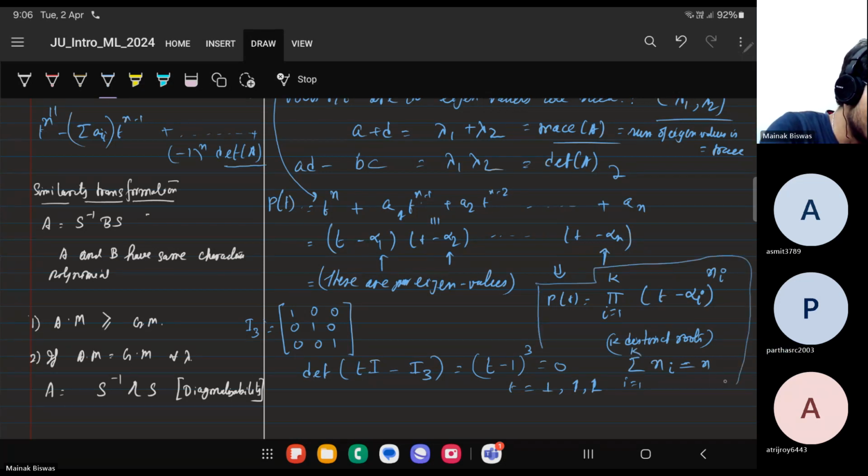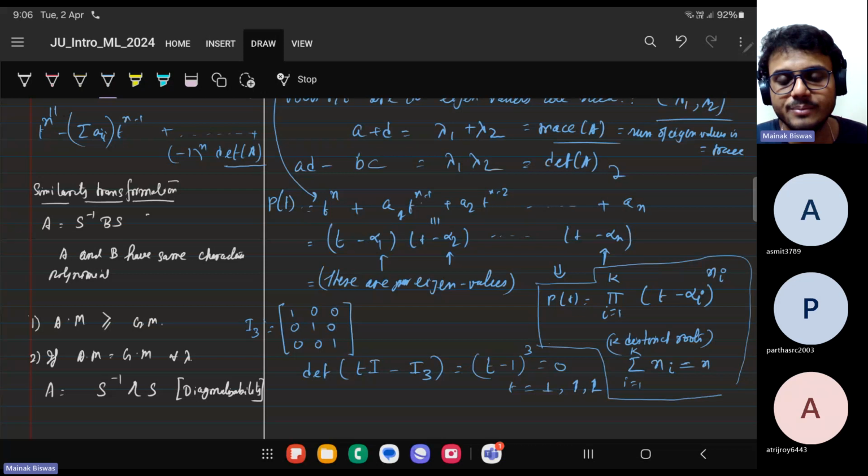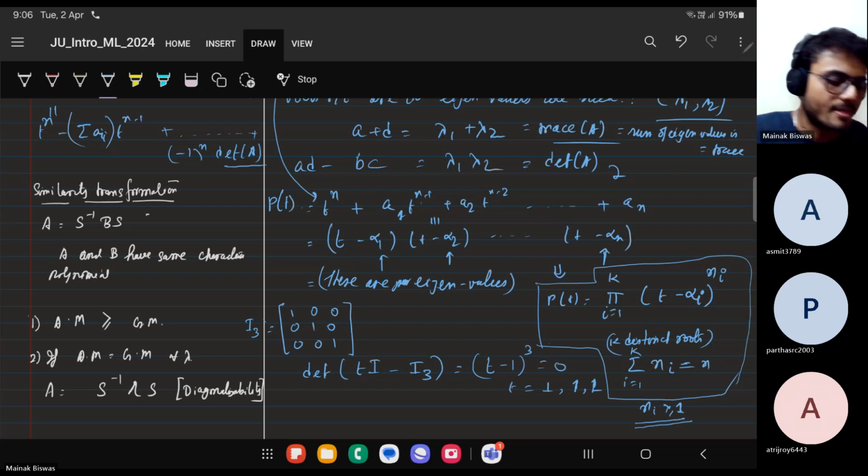Is this method clear? I hope this is clear, right? Any polynomial can be written in this form, just a revision from your class 11 and 12. Your powers ni can be greater than or equal to 1, and of course less than or equal to n.